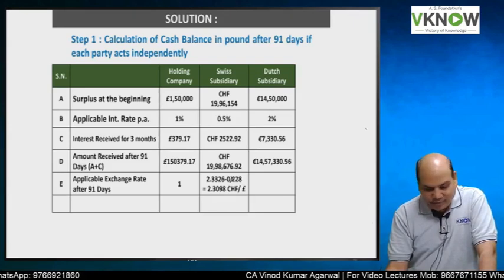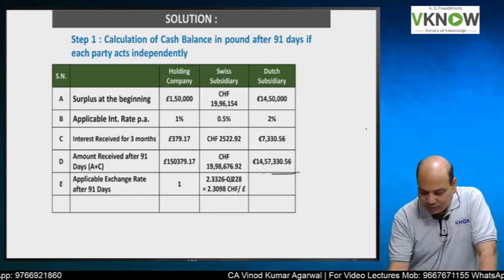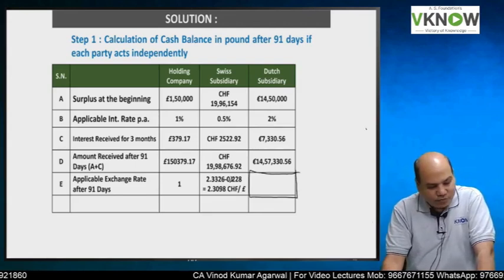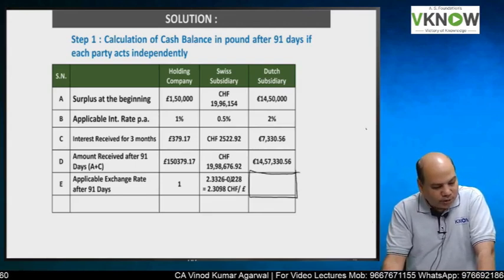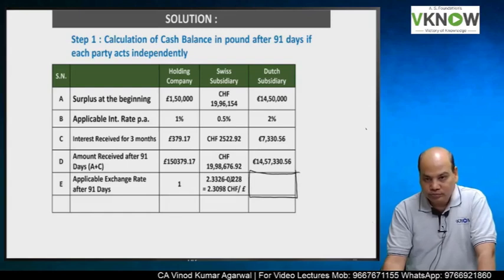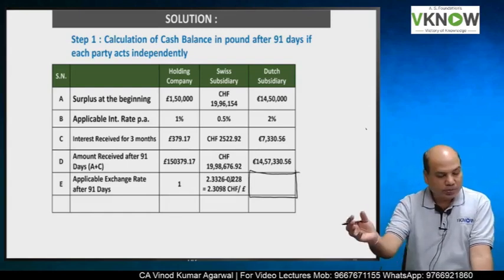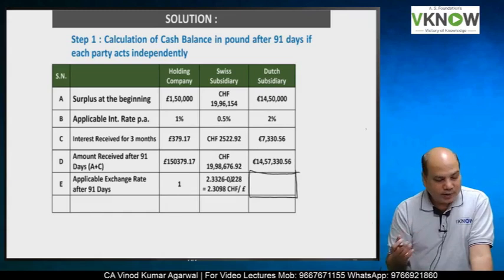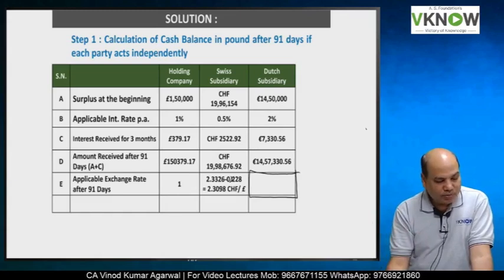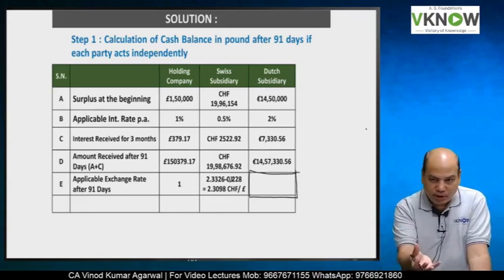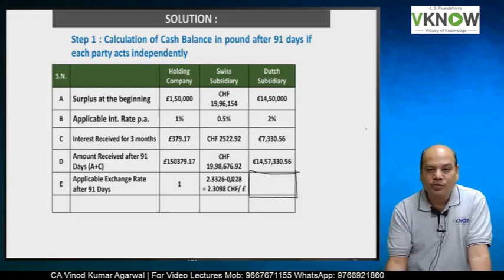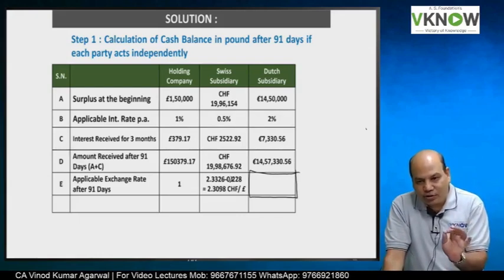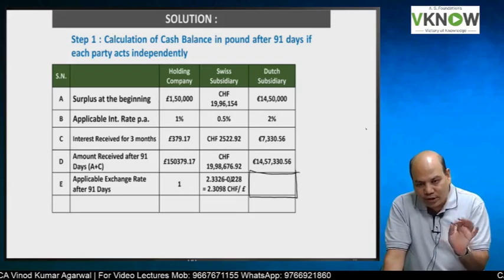Now my question is again, what is the rate for the Dutch subsidiary? The rate between euro and pound. So you will bring euro and you want to buy pound. What does the bank want to do? The bank will sell pound but purchase euro from you. So the rate is per euro.